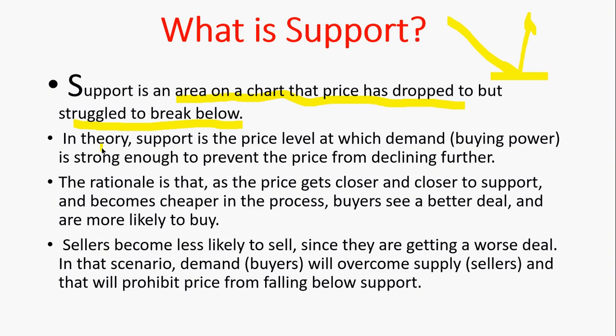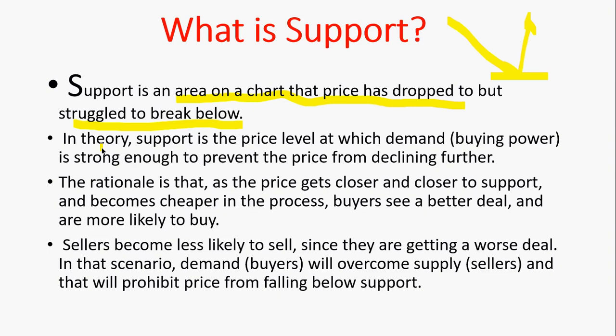Now, when it comes to trading, support is a point or an area where there is a demand. It is a level where the price attracts demand from those people who want to buy. Now, what is making people have that attraction of demand?